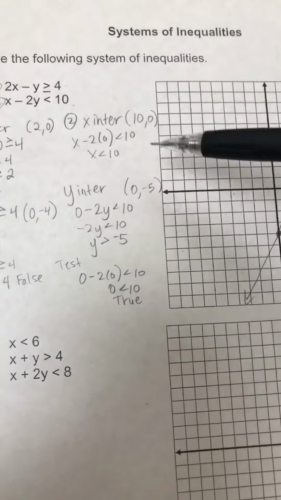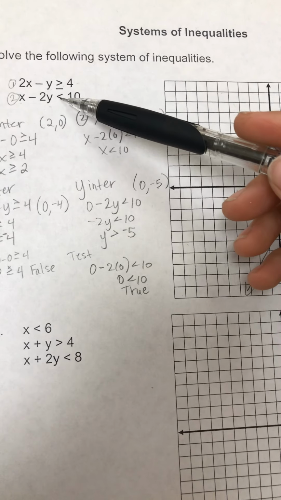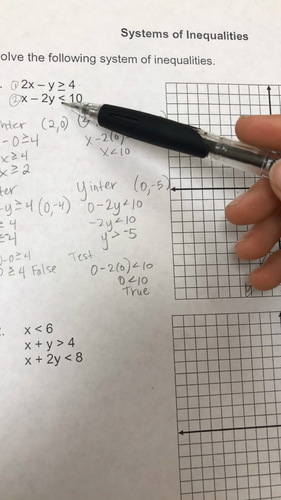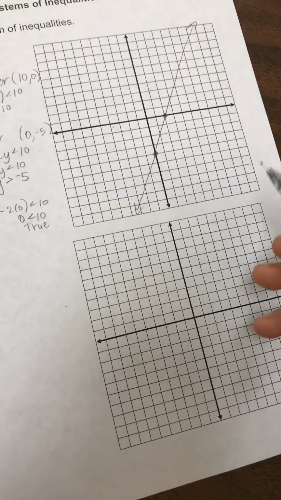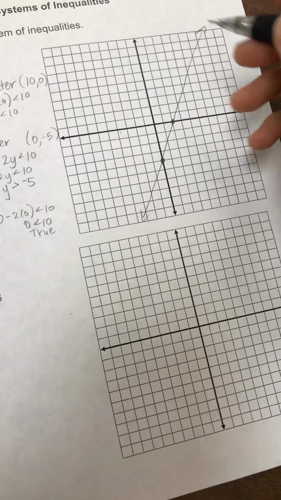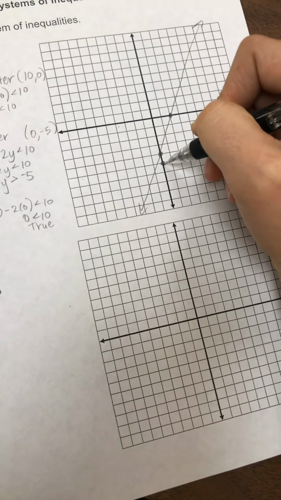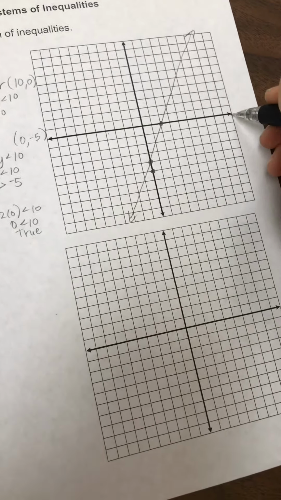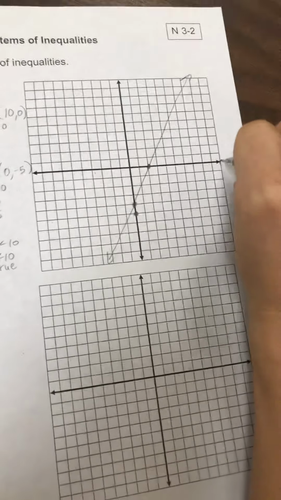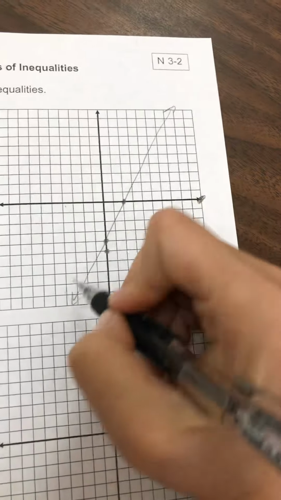Okay. And now line 2, we have (10, 0) and (0, -5). And this is less than. It's not less than or equal to. So since it's just less than, it's going to be a dotted line. So we're going to have (0, -5), which is going to be right here. And we're going to have (10, 0), which is going to be all the way over here on the edge. It's going to be a dotted line.